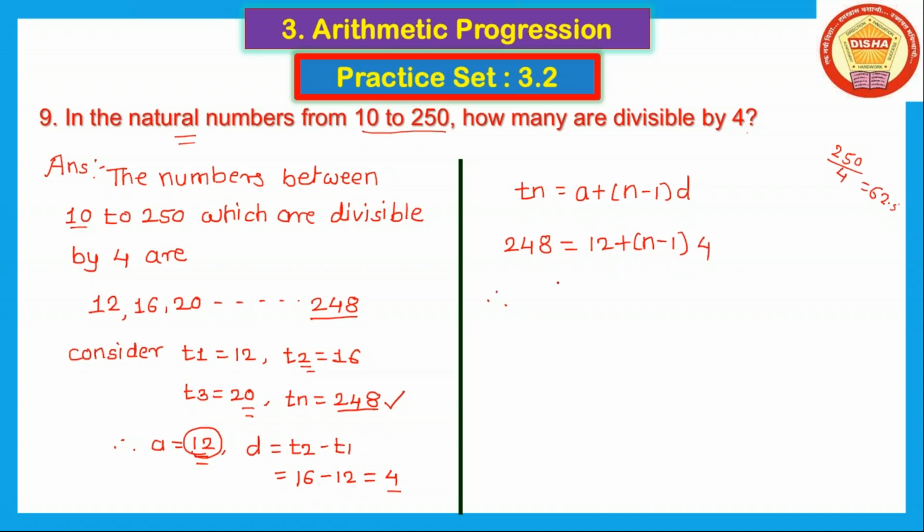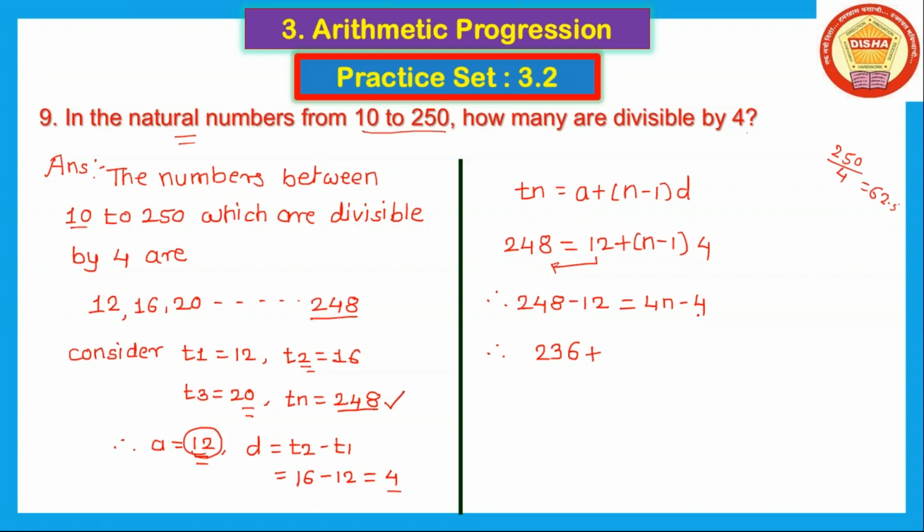We simplify this. We take this 12 here, means 248 minus 12 is equal to 4n minus 4. We have to do the subtraction of the given numbers. Then the answer is, I think, 236. Okay.